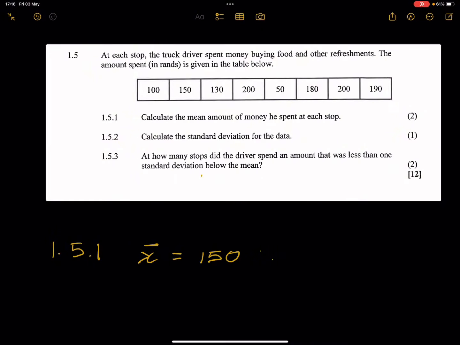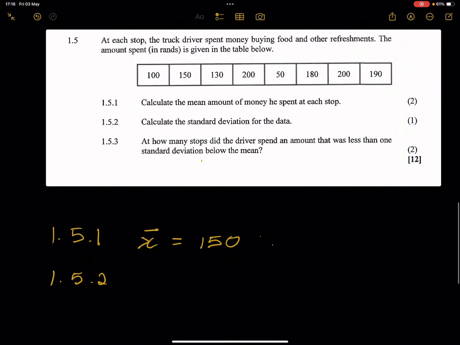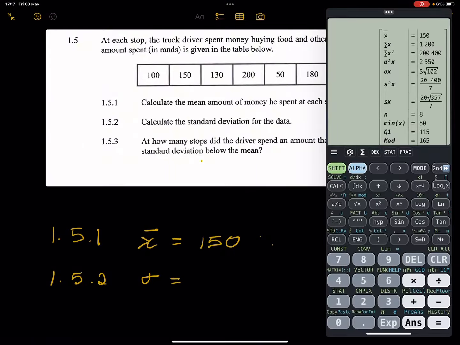So my standard deviation, of course, in your calculator again, you're going to go to the stat mode and look at the standard deviation, the single variable data there. And that means that my standard deviation, if I go back there, can you see my standard deviation is 5 root of 102.